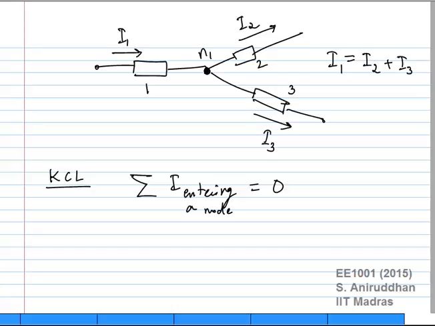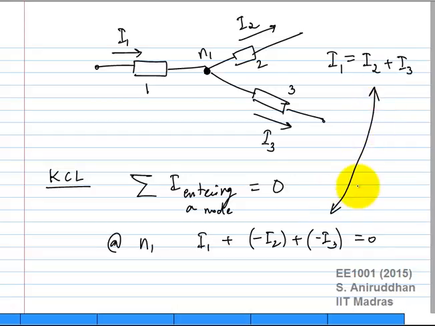From element 3 I have a current of minus I3 entering that node. So at N1, I1 plus minus I2 plus minus I3 is 0, and this is exactly a restatement of the same principle. So this is Kirchhoff's current law.